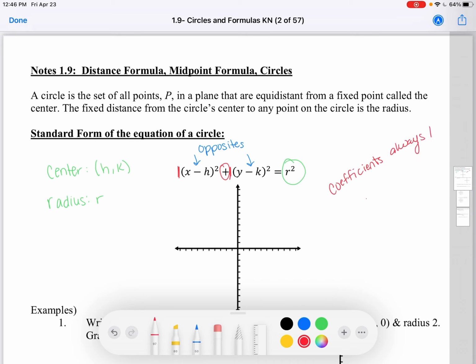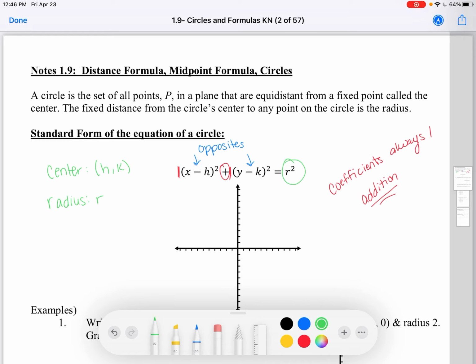Key details. Definitely get those down. Make sure you pay close attention to the details of these formulas, as they will be very, very similar throughout this whole unit. So there are key details that change between each type of function.